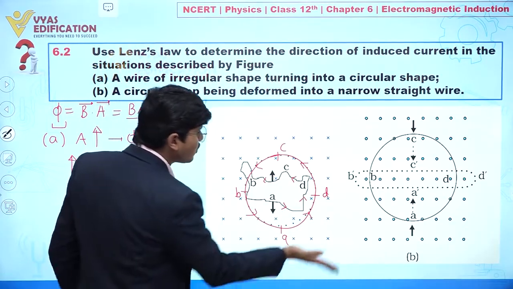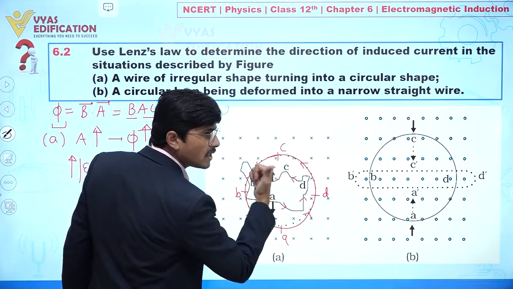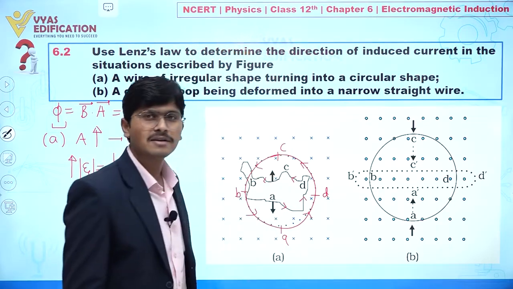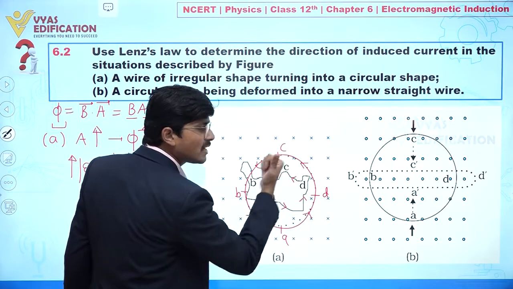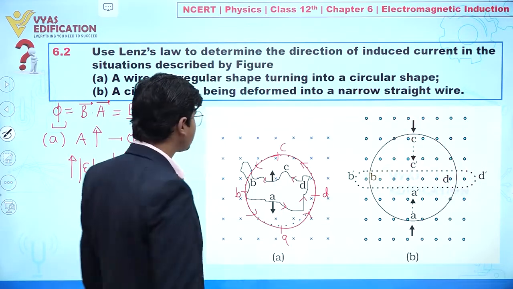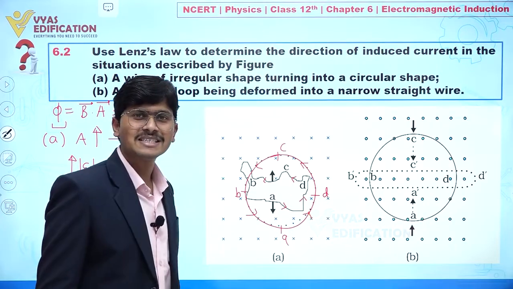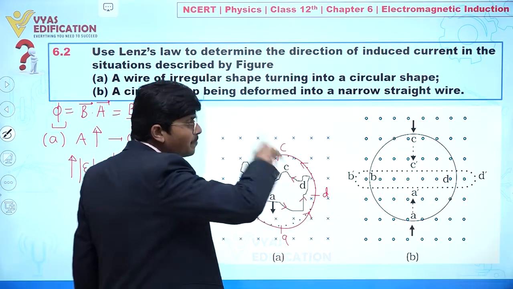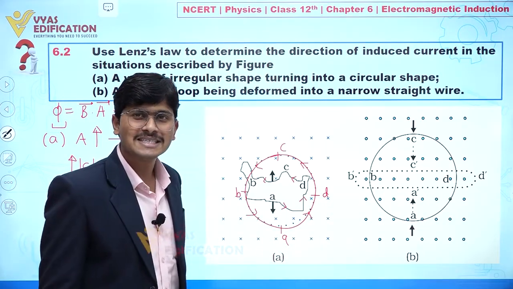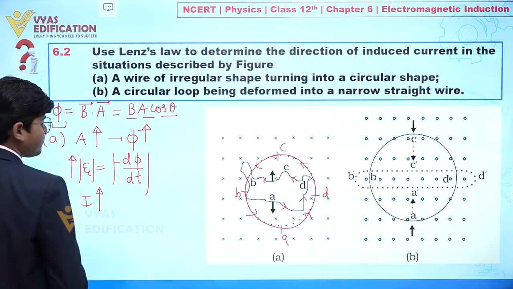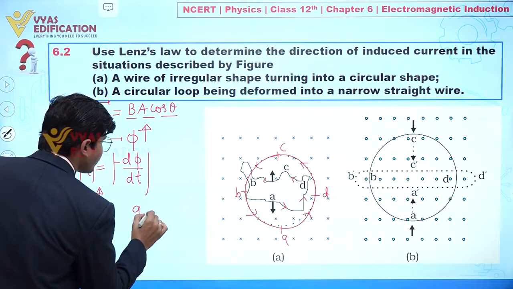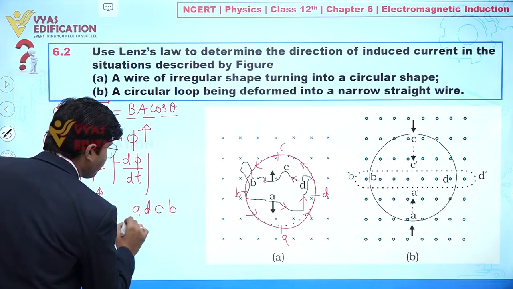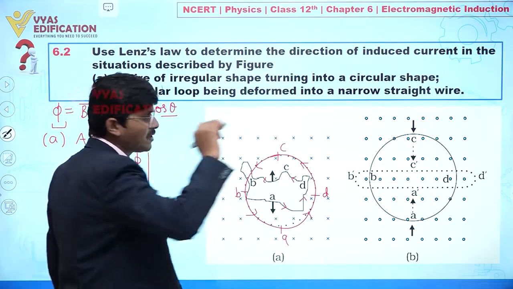Because if you curl your finger like this, the thumb indicates the direction of the magnetic field. The magnetic field due to this induced current is perpendicular outward, but the actual magnetic field is perpendicular inward, so this induced current is opposing the magnetic field lines. So definitely the direction of current is A, D, C and B, clear.